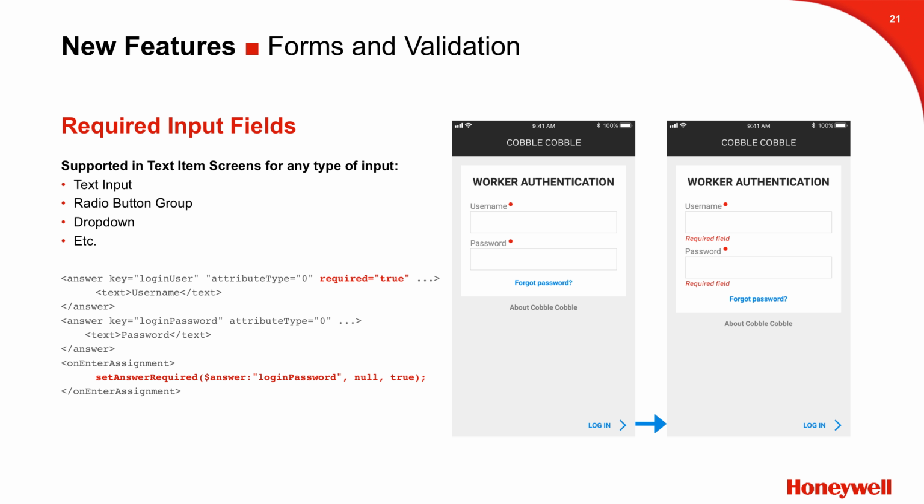And you just set the attribute required to true on the answer. And after that, it works basically out of the box. You can also set the required attribute via MEL. And you can see the snippet down there, set answer required to true. And you will get those indicators and also a little message telling the user what went wrong.